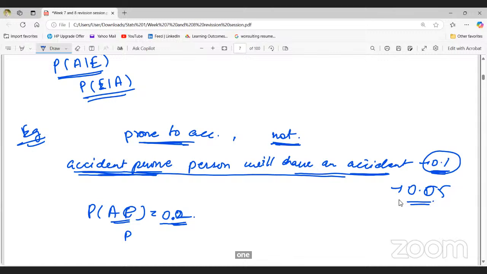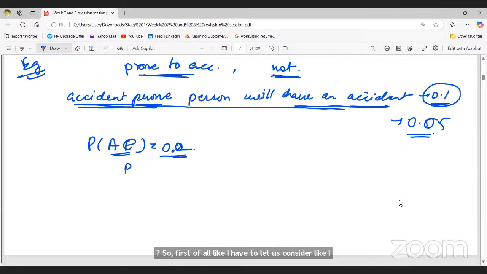So how will you solve this? First of all, let us consider the condition here: the person is accident prone.